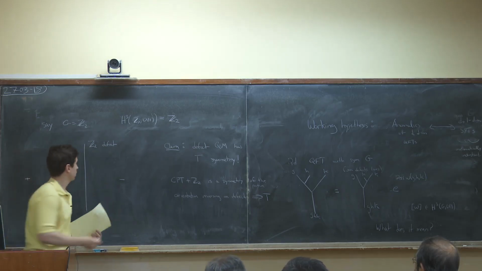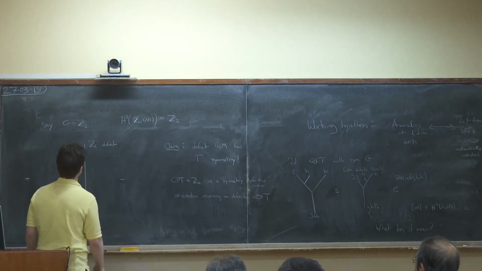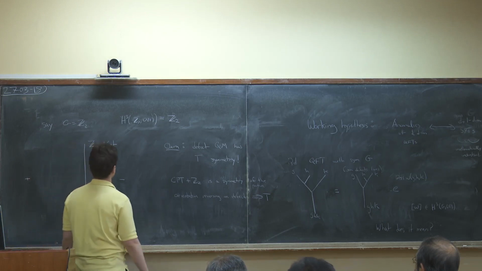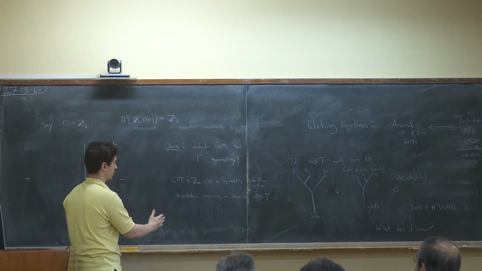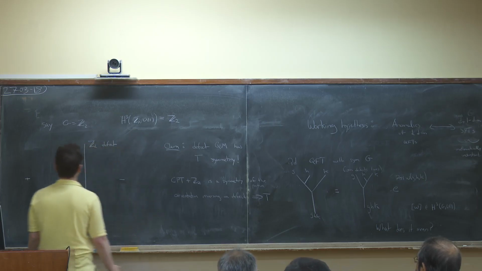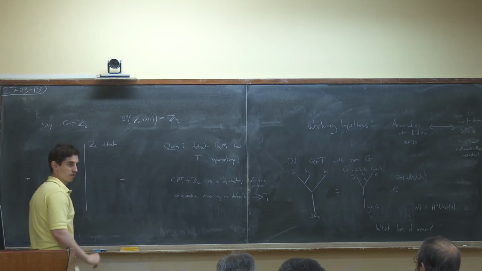Okay, so we've learned an interesting thing. This is actually true in every space-time dimension. So in every space-time dimension, if you have a Z2 unitary symmetry, then the theory on the defect has time reversal symmetry.